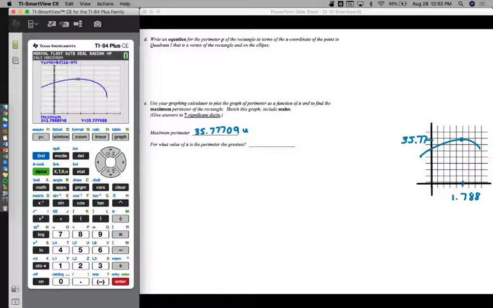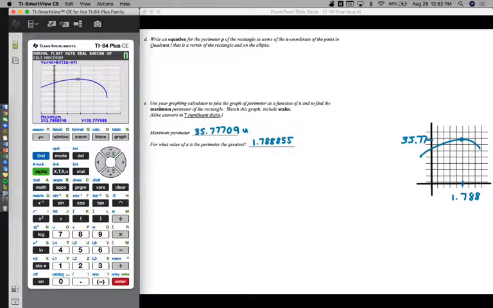And then for what value of x is the perimeter the greatest? Well, that value of x is 1.78885. So that's 7 significant figures. Again, if you're off in the thousands, the 10,000s, the 100,000s place, it's really not a big deal.